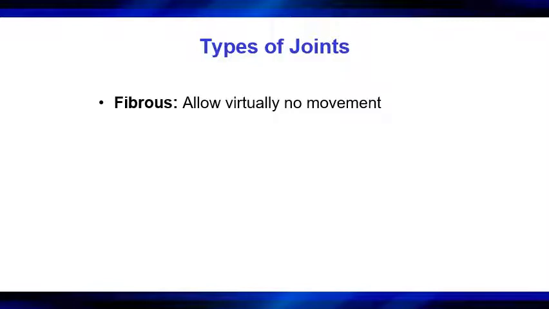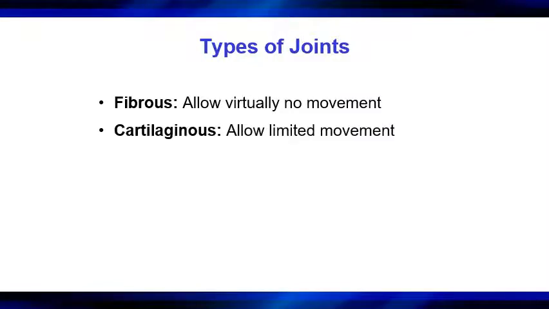The fibrous joints are what we call synarthrodial joints. They don't allow for any movement. They are junctions between bones, but they allow virtually no movement. Then you have cartilaginous joints, or what we call amphiarthrodial joints. These types of joints do allow some limited motion, but not a whole lot. Just going by the name, a hallmark of this joint is that a big part of the structure is going to be the cartilage present.